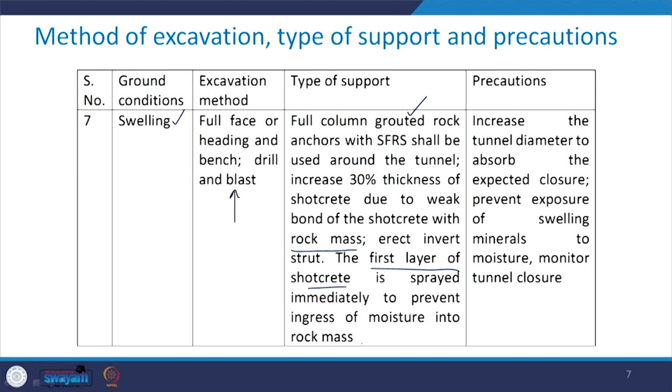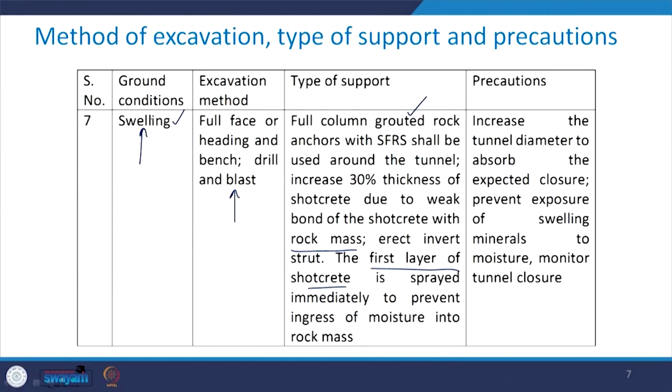You know that in case of the swelling ground condition, it is the ingress of the moisture which is the cause of all the problems, because the moment those swelling-causing minerals come in contact with water, they show such characteristics like swelling.